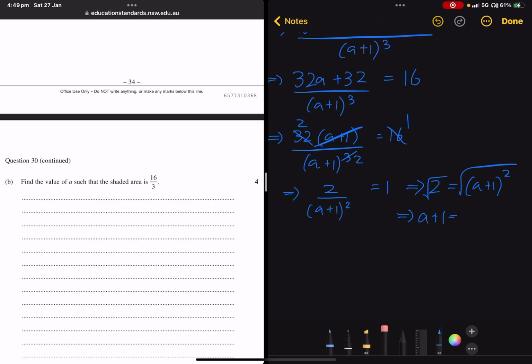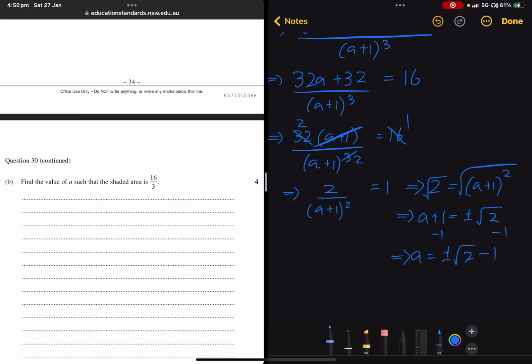This will give us a plus minus root 2. And then we'll minus 1 from both sides. This will give us a is equal to plus minus square root of 2 minus 1.